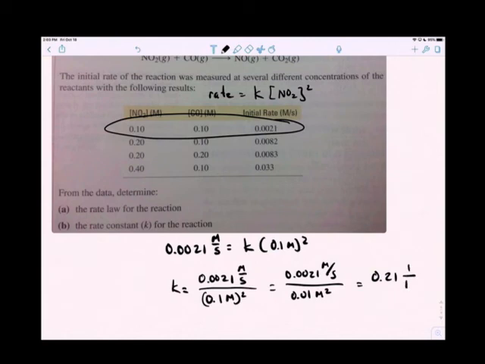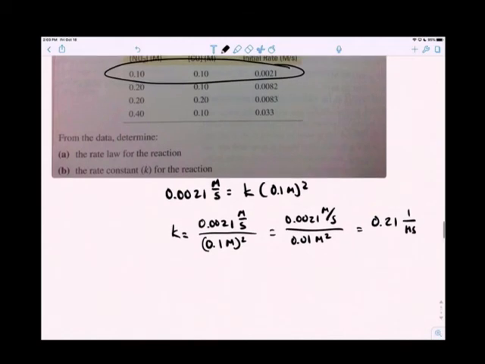1 over molar second. So typically though when we write this, we write the k as 0.21 molar minus 1 second minus 1. I don't know why we write it this way. I think it's because of typewriters. It's easier to write it this way with a typewriter rather than in an equation format, although it is proper to do it that way.